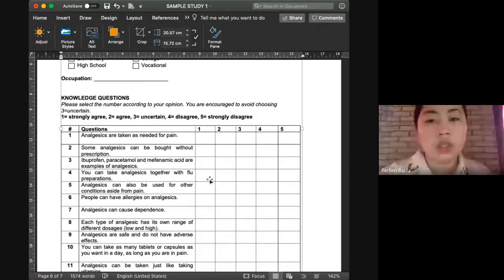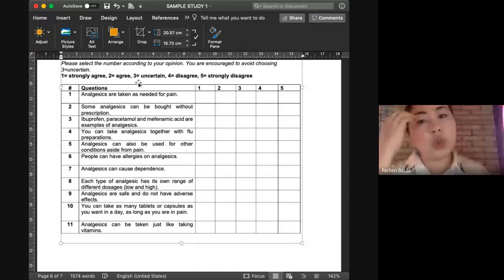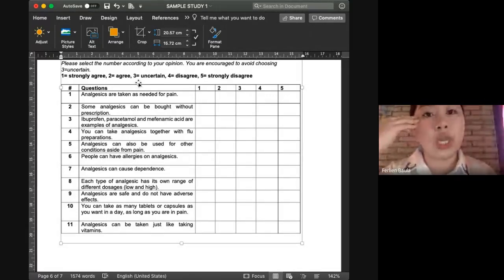Okay? So analgesics, first question there on knowledge. So the questions are categorized according to the domains that you want to check. So if you want to check the domain for knowledge, then there is a section for knowledge. The questions. Analgesics are taken as needed for pain.